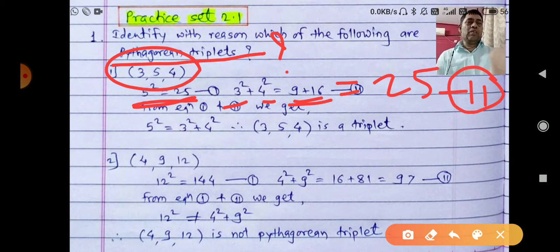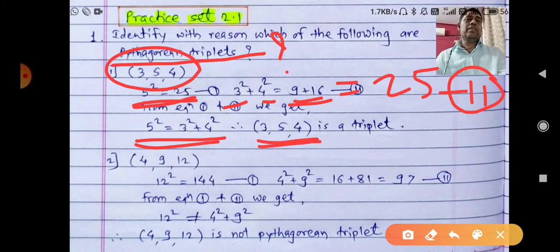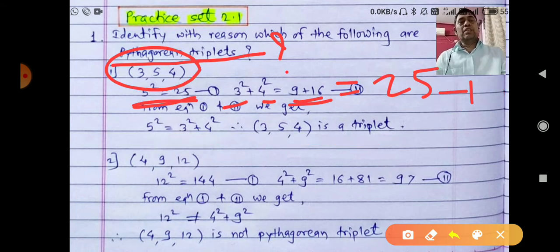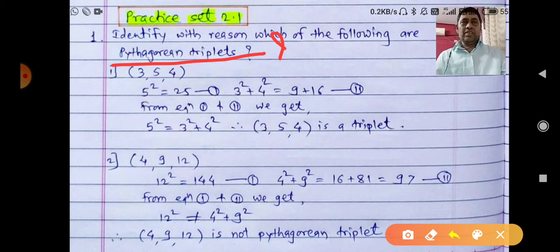So from equations first and second, we get 5 square is equal to 3 square plus 4 square, meaning 3, 5, 4 is a Pythagorean triplet. In this way, we decide whether it is a Pythagorean triplet or not.